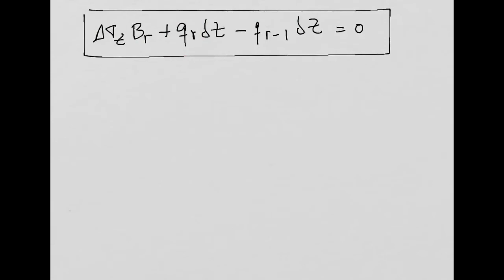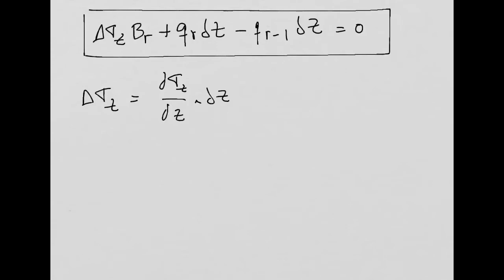The good news is that, well, I can say that the variation on the direct stress is going to be equal to the derivative of the direct stress with respect to my z coordinate times delta z, right?